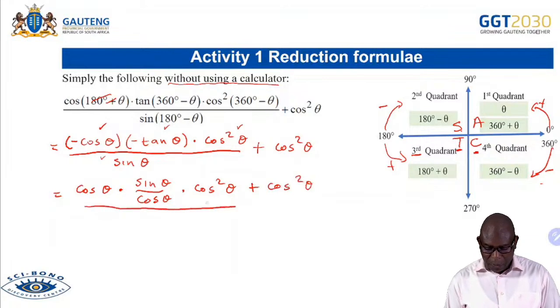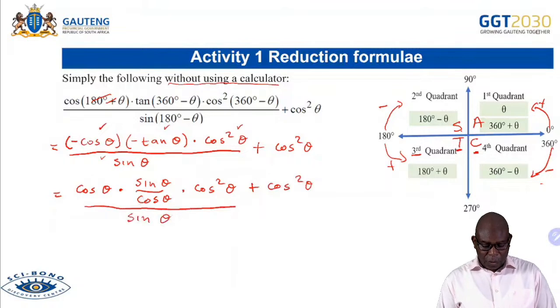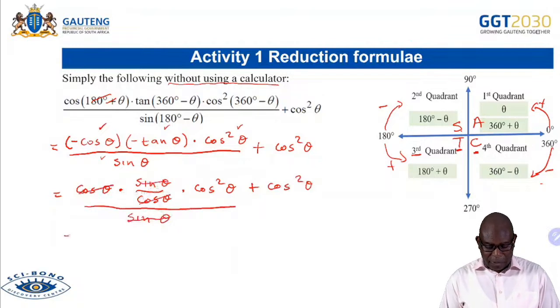Remember, you still have sine of theta, so the sine of theta on top will cancel with the sine of theta at the bottom. What is left now is 1 times cos squared theta divided by 1, which gives me cos squared theta.